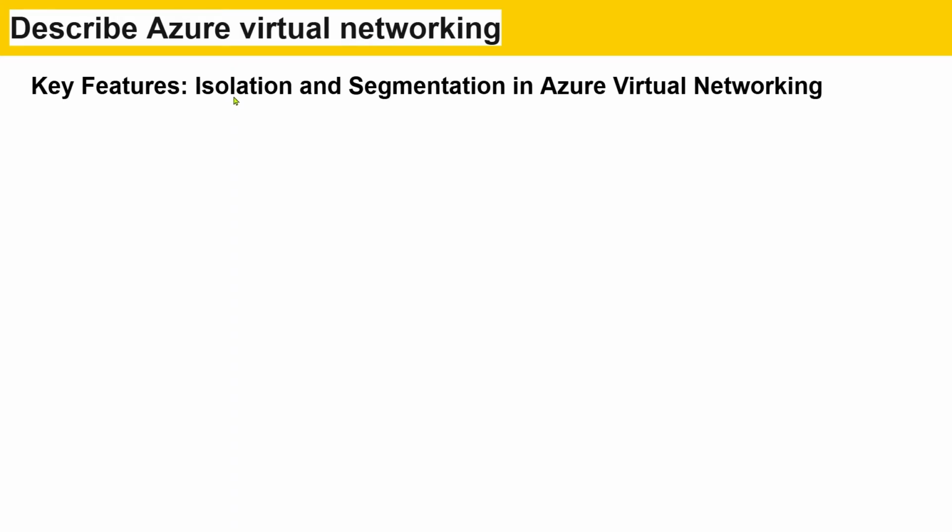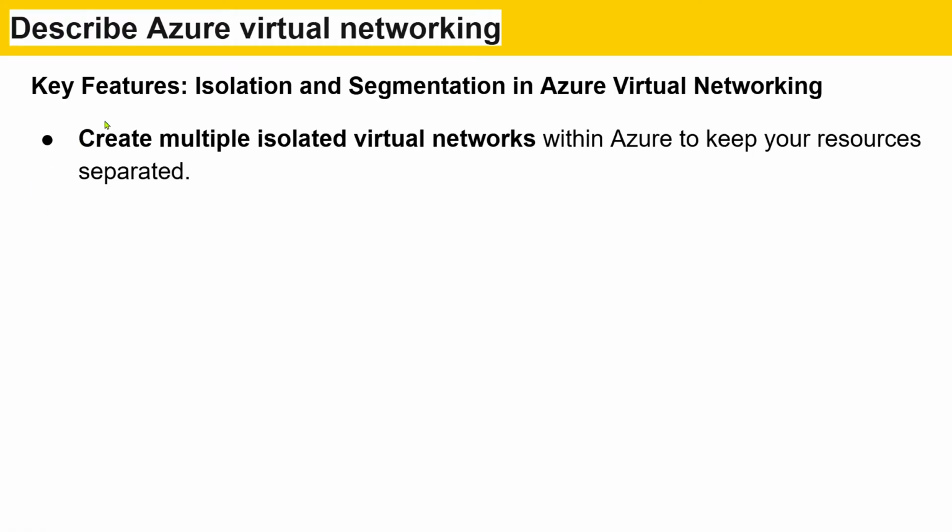One of the key features is isolation and segmentation in Azure Virtual Networking. Now, what is this isolation and segmentation? So I can create multiple isolated virtual networks within Azure to keep your resources separated. Isolate means different.